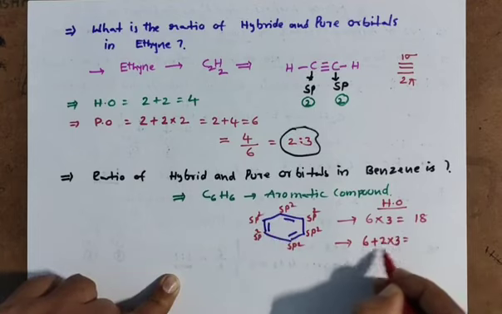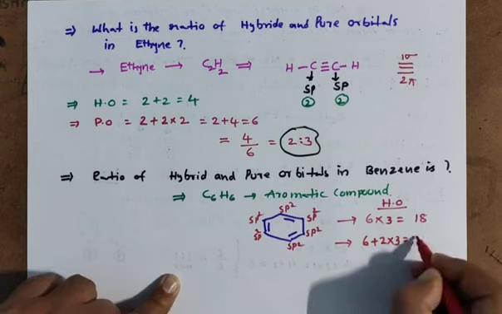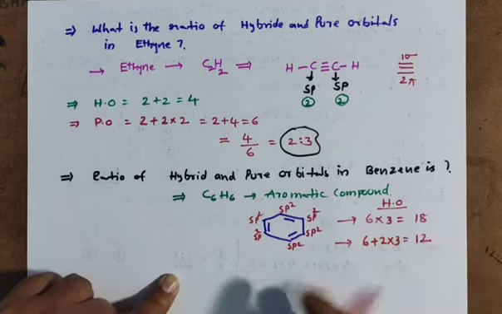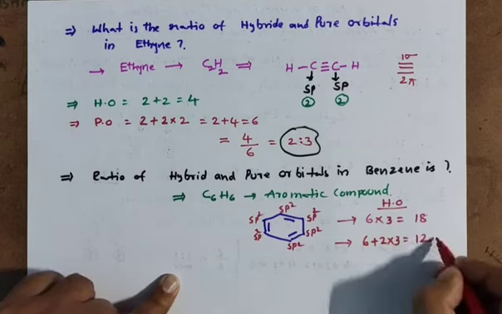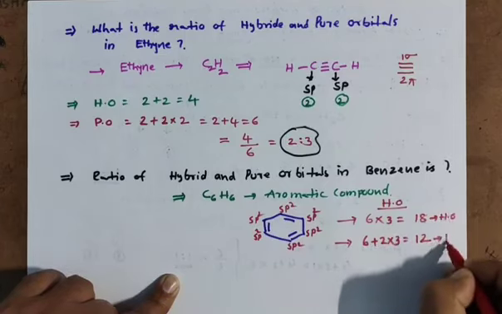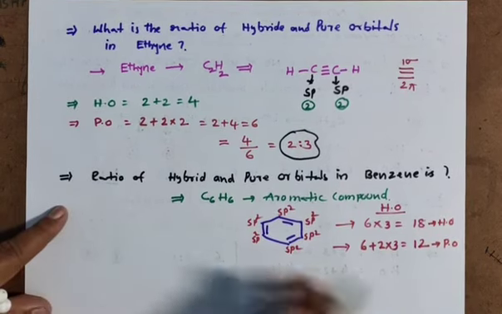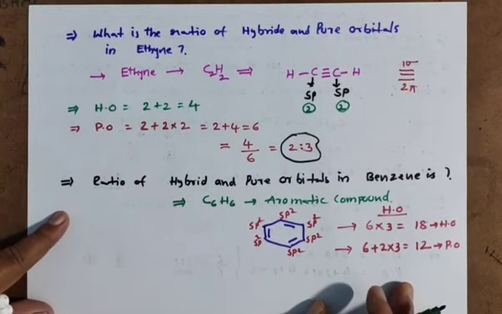That equals 6 plus 6, that is 12. So pure orbitals are 12. In benzene we have 18 hybrid orbitals and 12 pure orbitals.